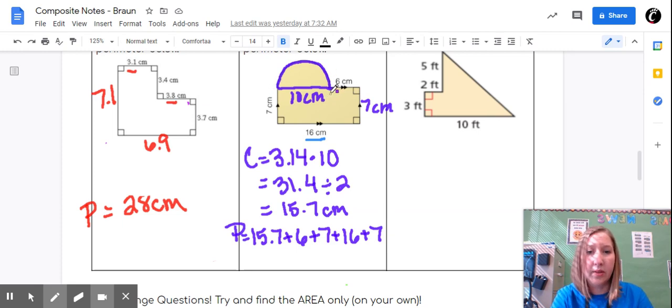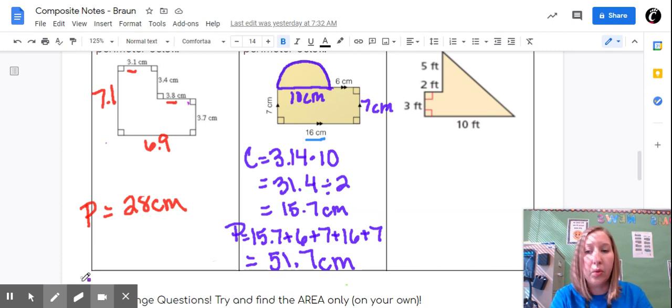I have my 15.7, 6, 7, 16, and 7. And when I add all of those sides together, I get 51.7 centimeters.